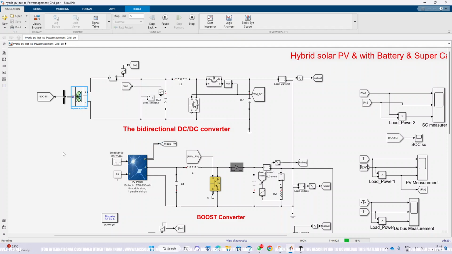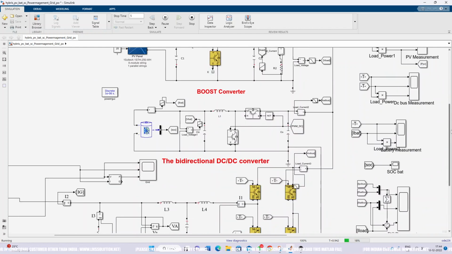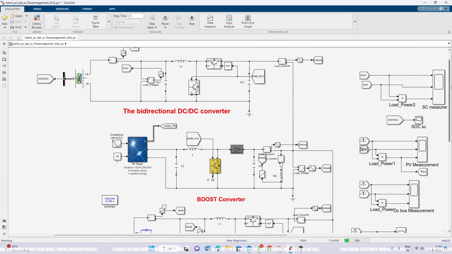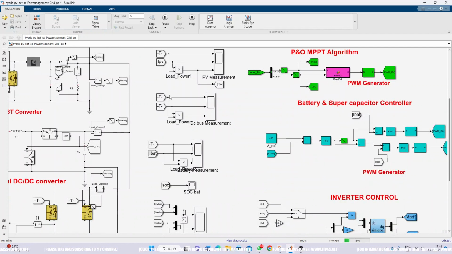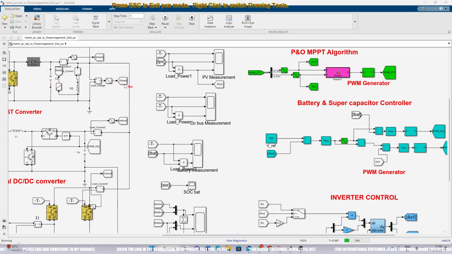Okay, so both bidirectional converters, the one for the battery and the one for the supercapacitor, are going to be controlled by means of a voltage and current control method. Here we need to measure the DC bus voltage, and it's compared with 400 and processed via a PI controller, and then the PI controller output is processed via a filter. The output of the filter acts as the reference current for the battery.